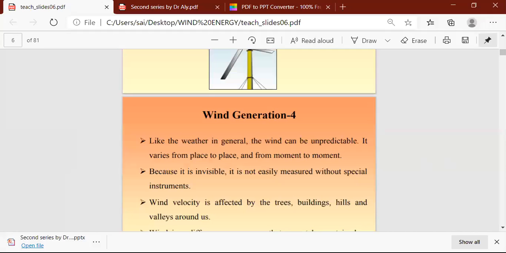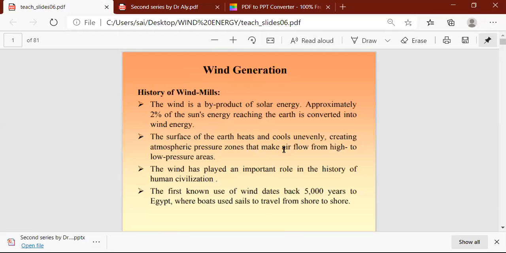So today we see the history of wind generation. What is meant by wind energy? See, in the last semester we learned about renewable energy sources in detail. There are many renewable energy sources. The most important renewable energy source is solar, and after that, wind energy.